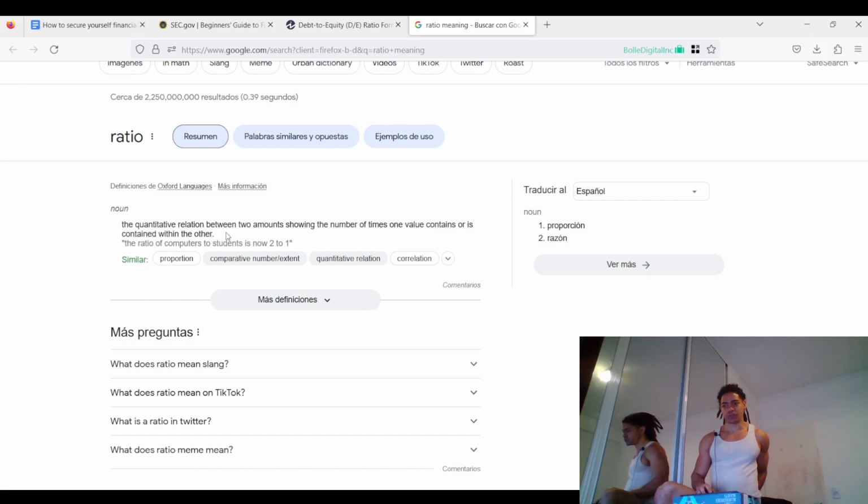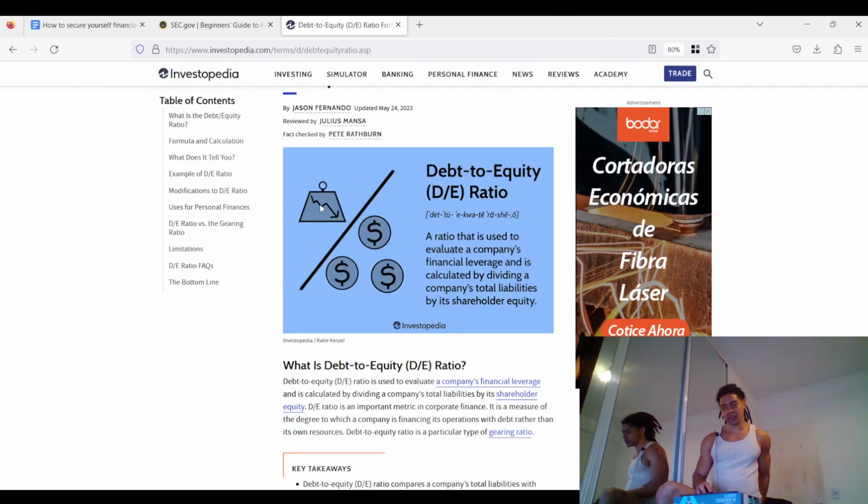It is proportion, it is the relationship of this. What is the ratio? What is the proportion? What is the relationship of this? Exactly, ratio, relationship, proportion. So this is debt to equity.